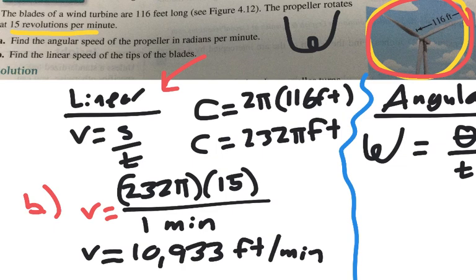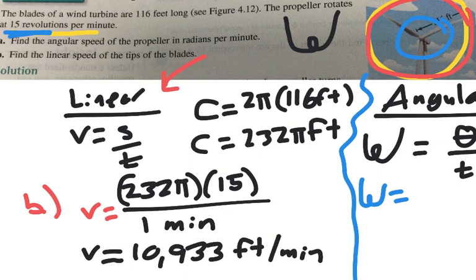Now the second one is find the angular speed. So for the angular speed, the theta needs to be in radians. How many radians did this travel? Well, we know 1 full revolution is 2 pi radians. And it did 2 pi radians 15 times in a minute.